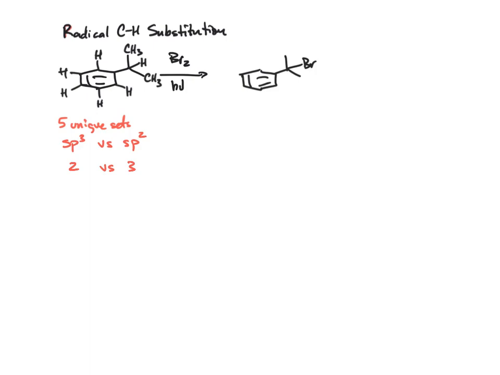So of those, let's dig a little bit deeper. We have 2 sets that total 7 of the protons. Of those 7, how many are primary?